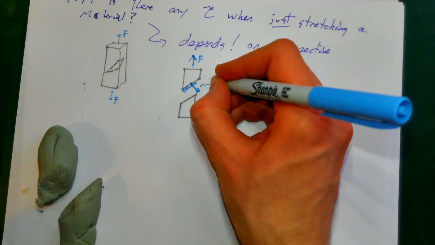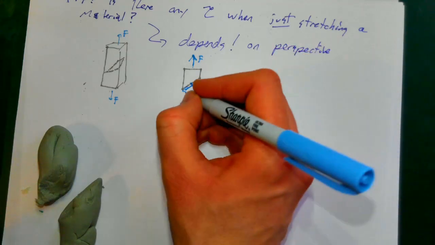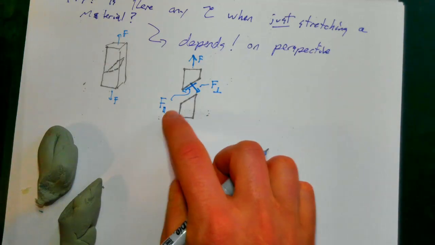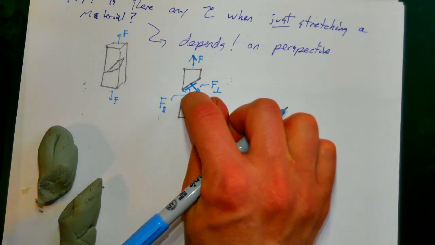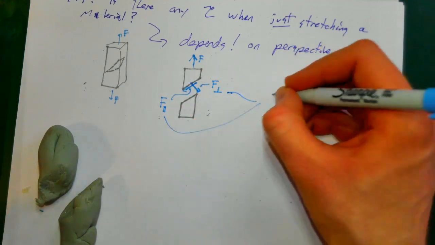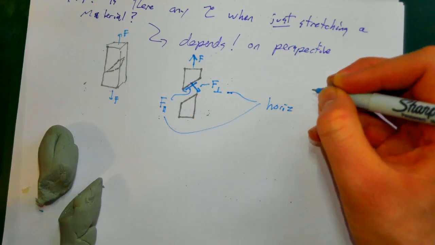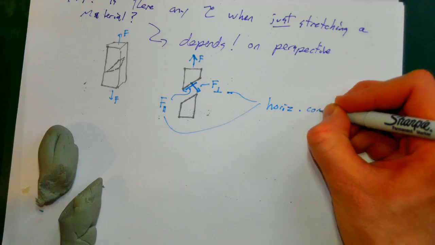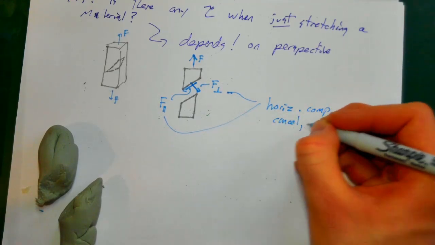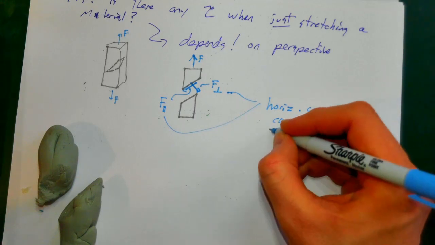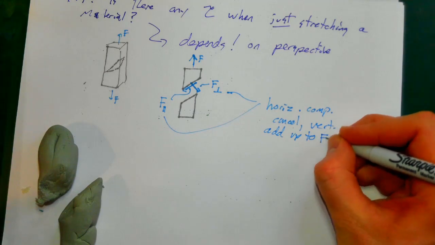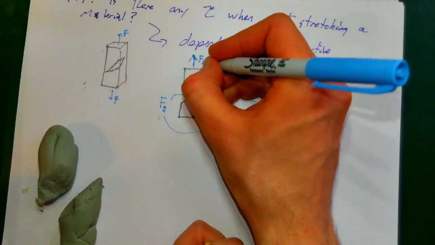So I could break it down into F perpendicular and F parallel, where the horizontal components cancel, and the vertical components add up to the original F applied.